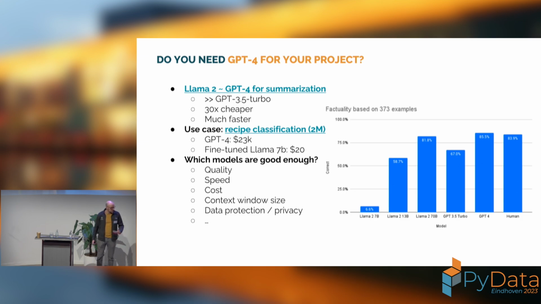You can just say, here's the recipe in text form, give me a classification. What is it, right? Is it a dessert or what? If you do that on the nose with GPT-4, you're down like 23K, right? So that's quite a lot of money. But if you fine-tune a Llama model, which you can do in a couple of minutes, the whole classification task costs $20. Right, so this becomes affordable all of a sudden.